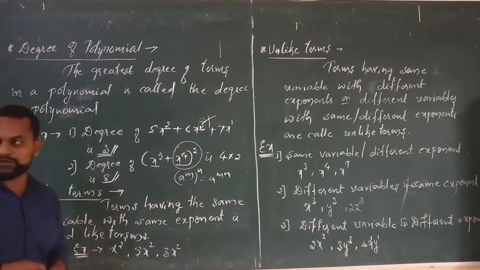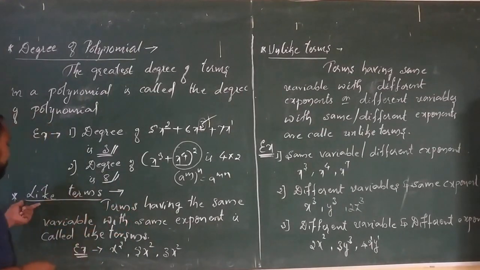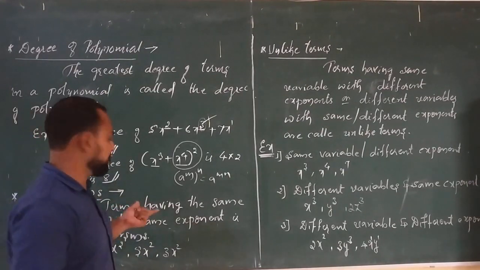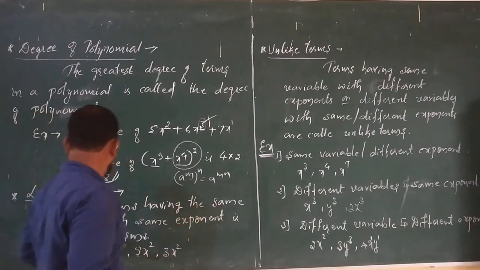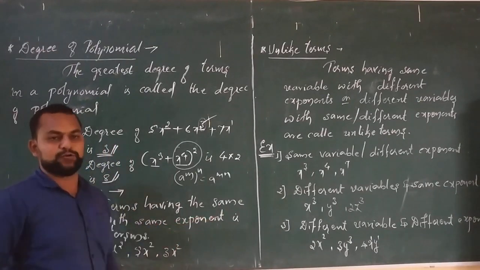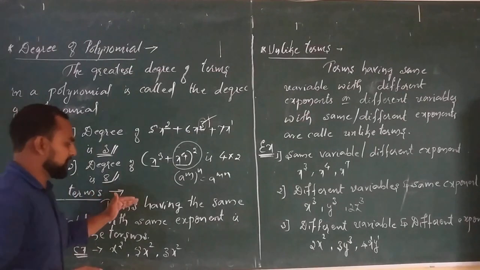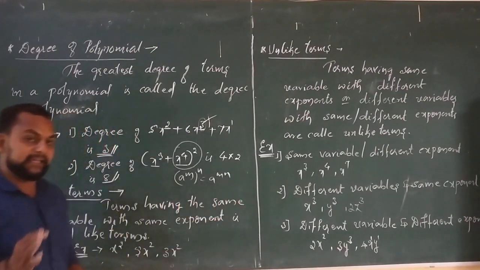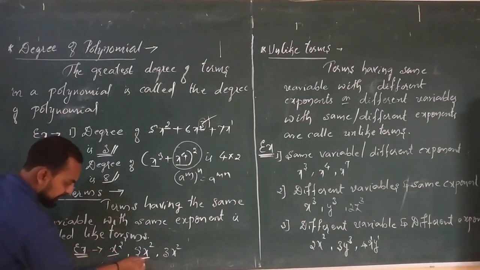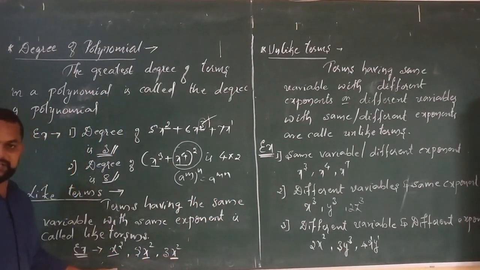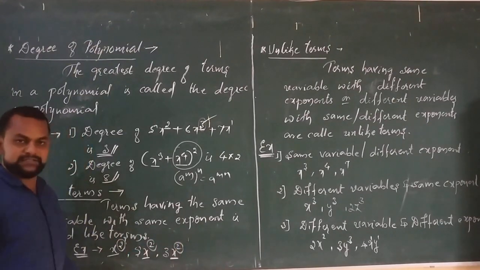Okay. The next concept is like terms and unlike terms. What are like terms? The terms having the same variable with the same exponent. Here the same variable x with the same exponent is like terms.